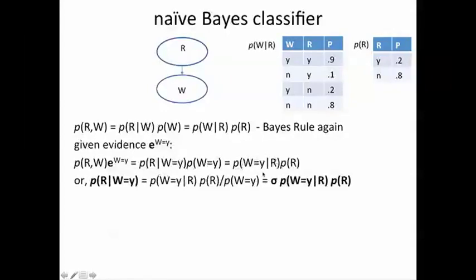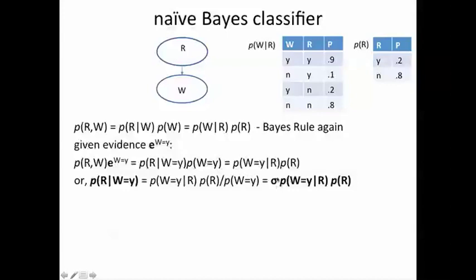This element, the probability of R given W equal to yes, can now be written as the right-hand side here divided by the probability of the evidence. The inverse of the probability W equal to yes, we'll just write as sigma.